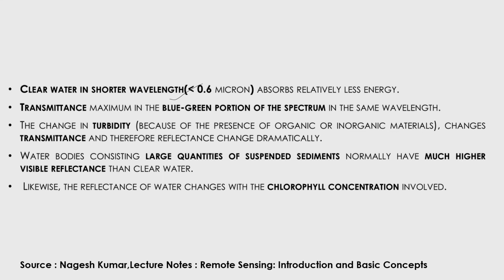These are different types of reflectance being observed for different types of water: clear water, water where algae is present, and water where large quantities of suspended sediment are present. This type of water body receives a very high reflectance. This is overall the reflectance from water.